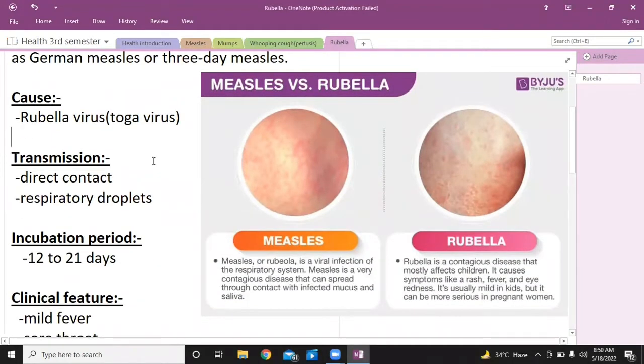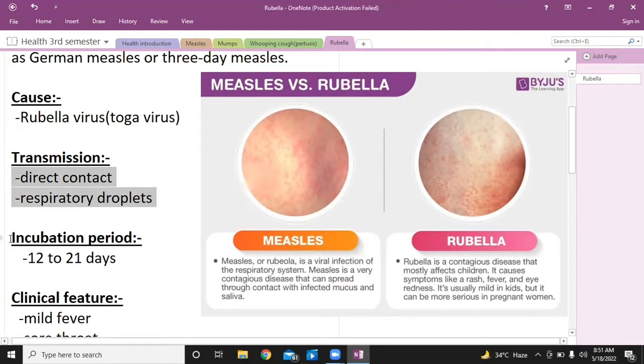It is transmitted through direct contact with an infected person, and by respiratory droplets from the infected person. In both of these ways, the virus can be transmitted into a healthy body, and that person will be affected with rubella disease.